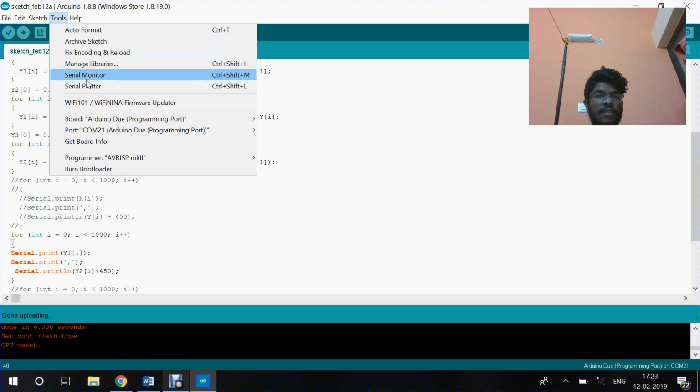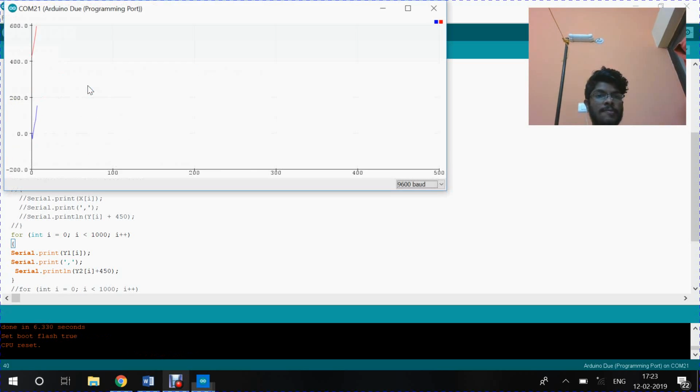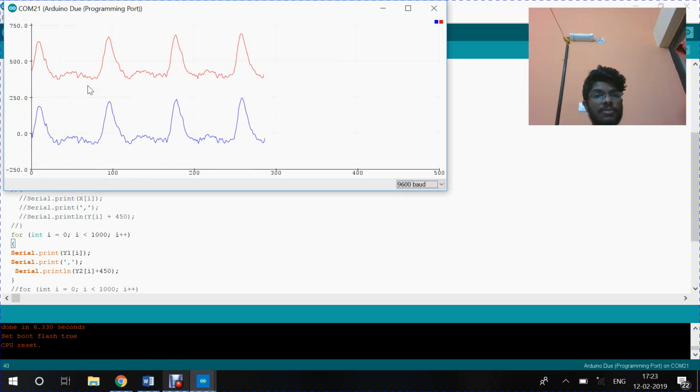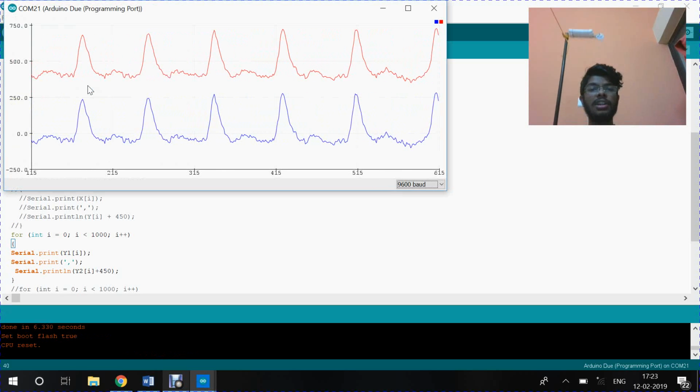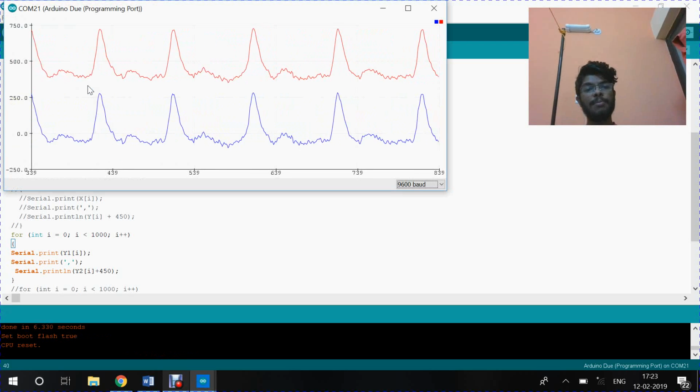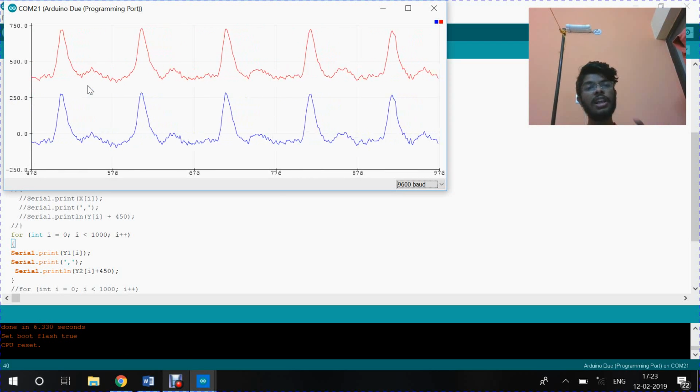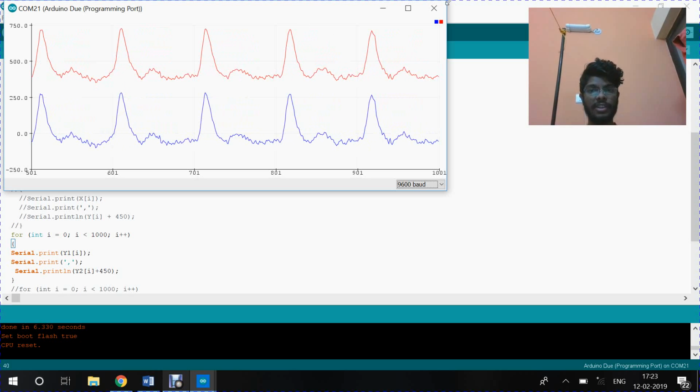Now you can see this is the output from the first low pass filter and the output of the second low pass filter. There are again small disturbances, and those disturbances can be removed further by passing the signal through a low pass filter with a lower cutoff frequency.